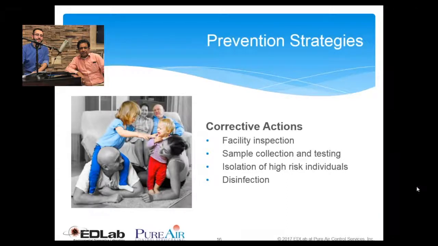Again, we must collect samples in order to test whether there is Legionella or not. And obviously, high-risk individuals such as the elderly, kids, etc., must be identified in order to quarantine them first. And then disinfection of the entire water system is a must in order to respond to an outbreak or a Legionella situation.